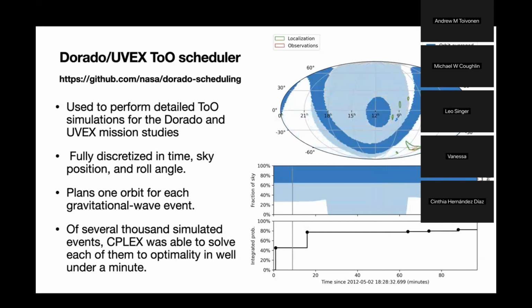Dorado was a concept study that did not get selected, and UVEX is a much larger UV space telescope that was selected and is going to fly in the mid-2030s, I think. Early 2030s? Yeah. Go ahead. Oh, target of opportunity.